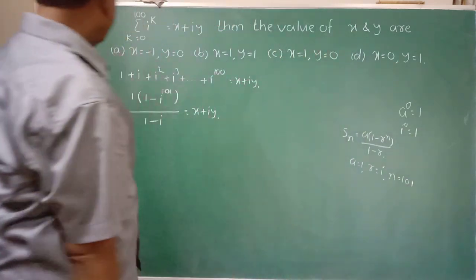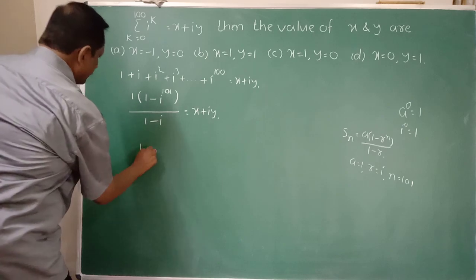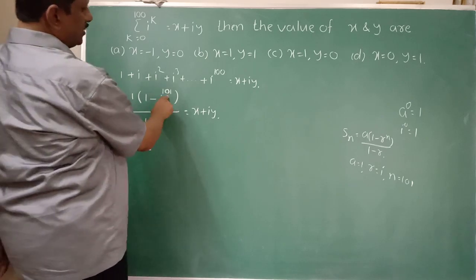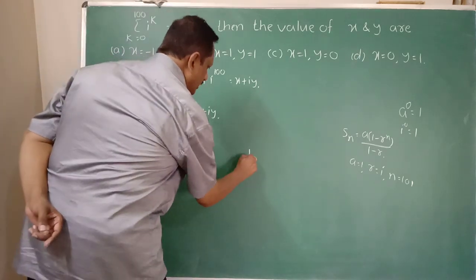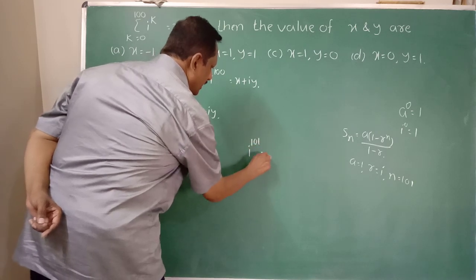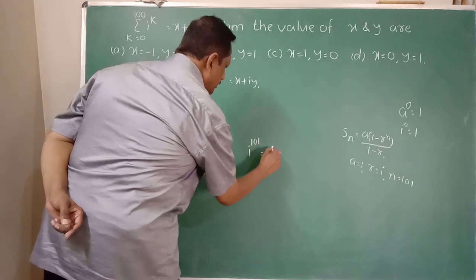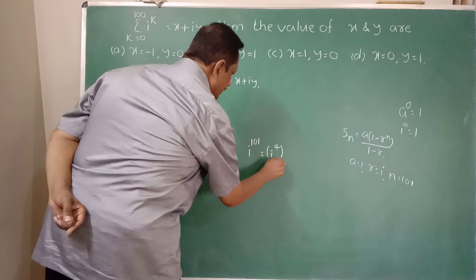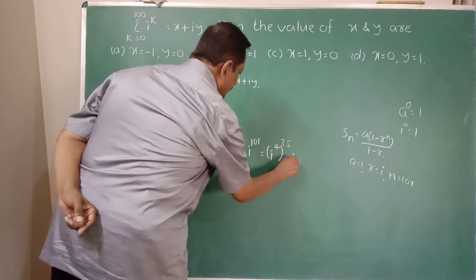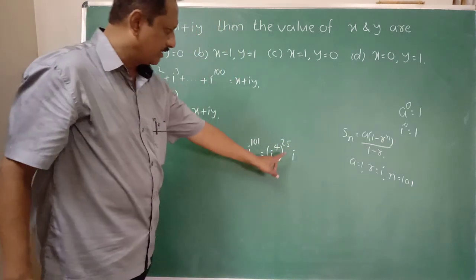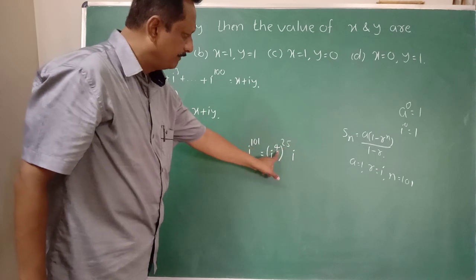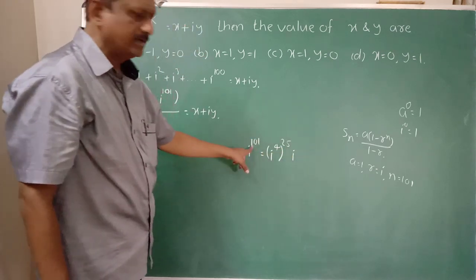Okay. Therefore, 1 − i raised to 101 is there. So you know that i raised to 101 can be written as (i raised to 4) raised to 25 into i. Okay, 25 fours are 100, 100 plus 1 becomes 101.